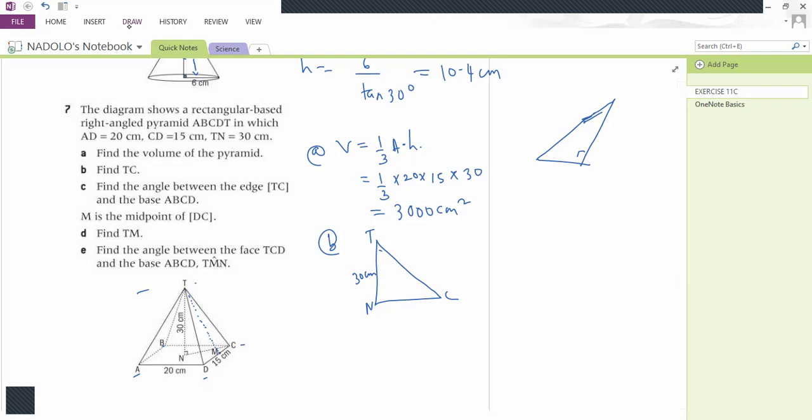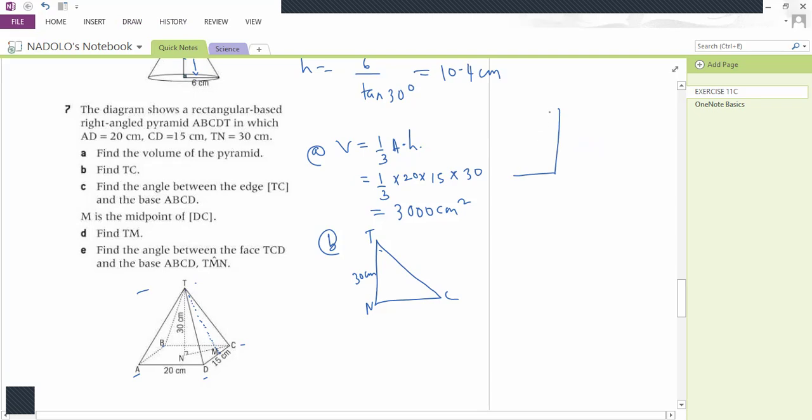And let me draw well. So let me draw the base very well for us to find NC or AC. So we'll have the, let me just do this, and then the hypotenuse. So this will be A, this will be C, this is 90 degrees, then this is D. We know this is 20 centimeters, and then this is 15 centimeters.